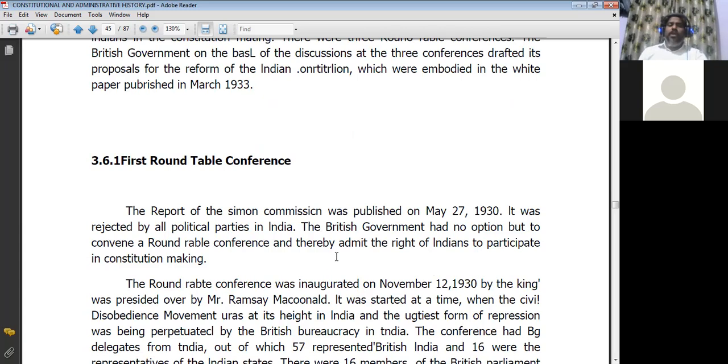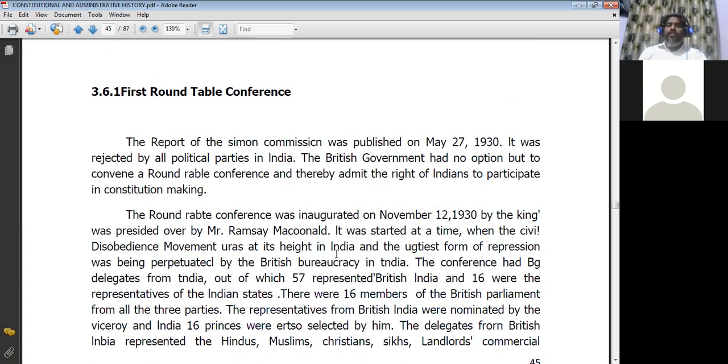So the Roundtable Conference was inaugurated on 12th November 1930 by the King and presided over by Ramsay MacDonald. It started at a time when the civil disobedience movement was at its height in India, and repression was being perpetrated by the British bureaucracy in India.